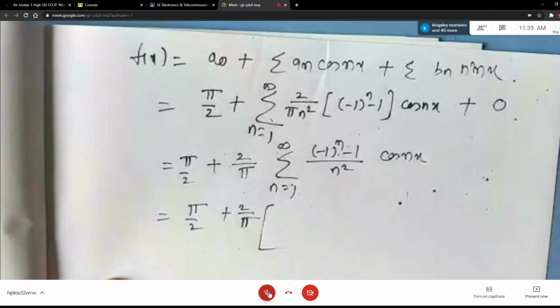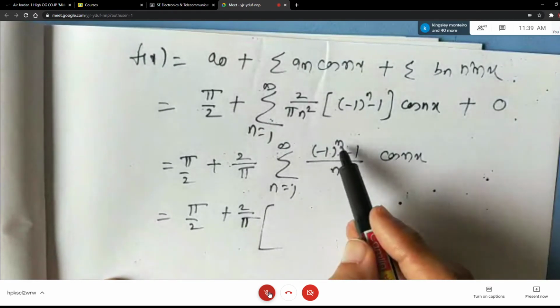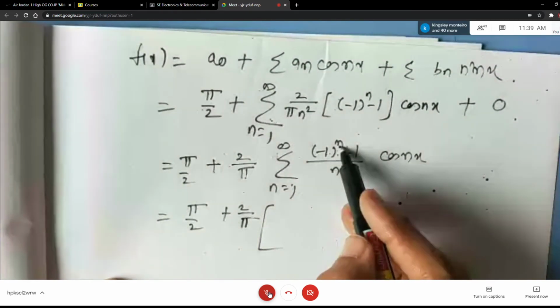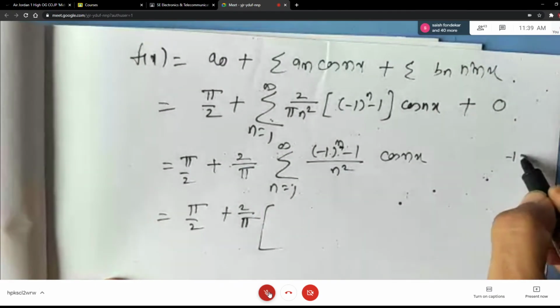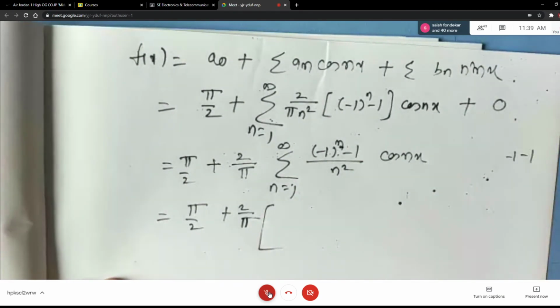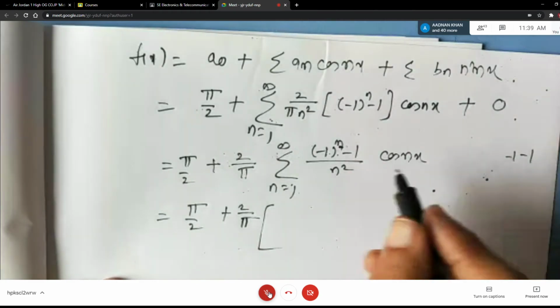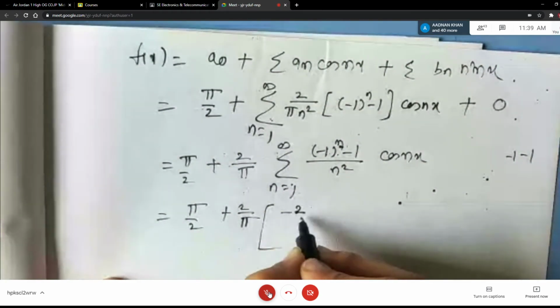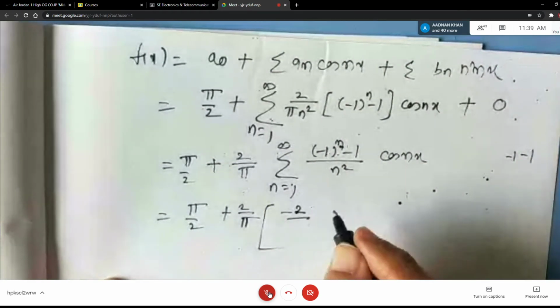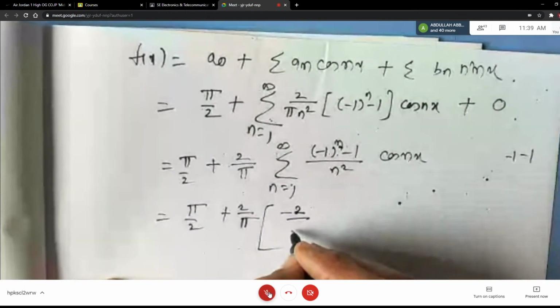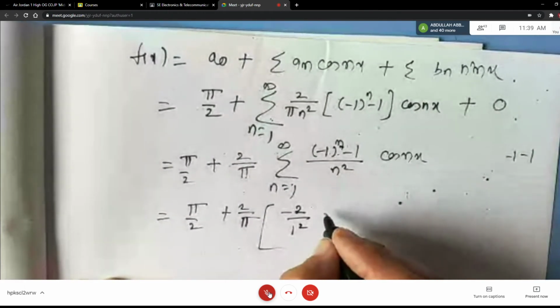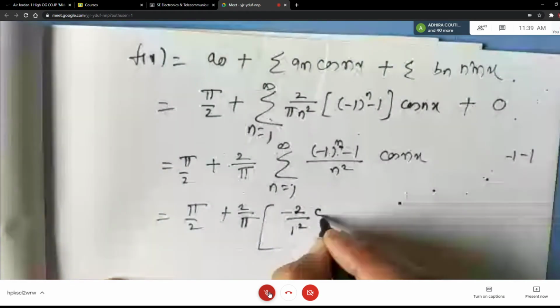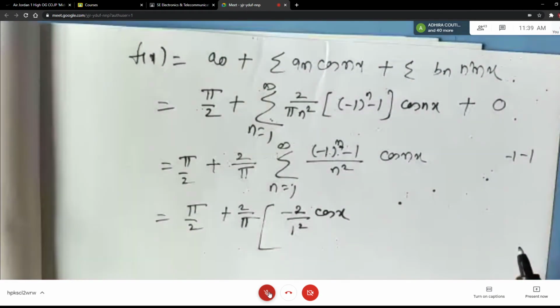First I'll put n equal to 1. When I put n equal to 1, minus 1 raised to 1 is minus 1. So it will be minus 1 minus 1, so isn't it minus 2? Right? So it will be minus 2 by n square, n square means 1 square. Correct? Cos of x, because n is 1.